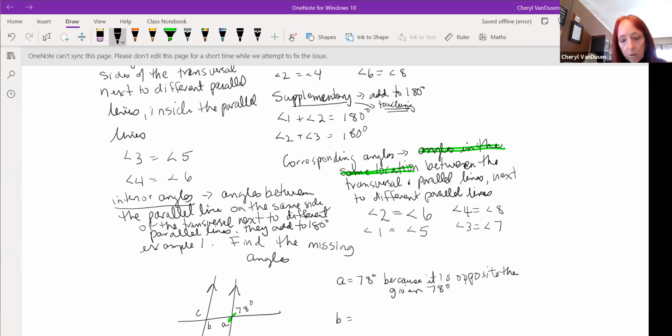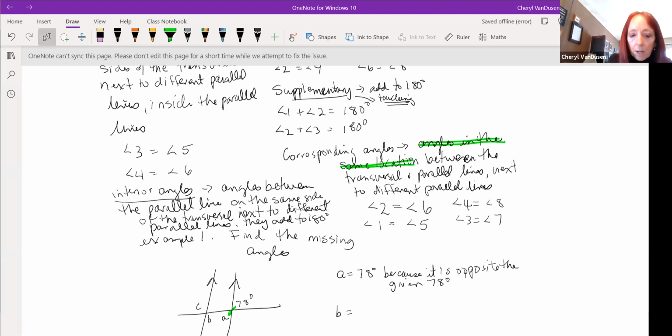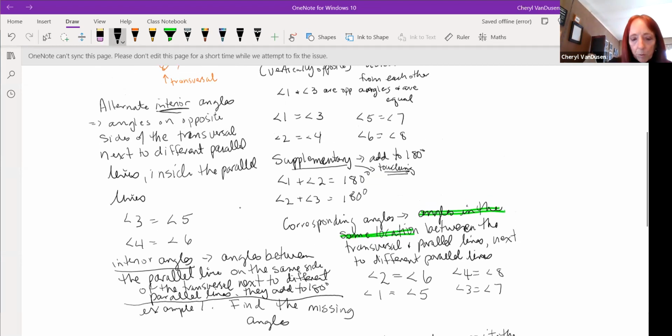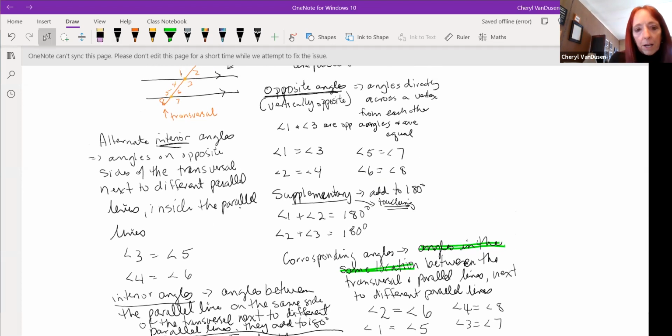Oh my goodness, no wonder you guys have trouble, right? All these definitions. In our example down here, A and B are interior angles. Let's leave this example for just a second and go back up to our example where you have your notes. Interior angles would be 3 and 6, these guys. They're on the same side of the transversal next to different parallel lines.